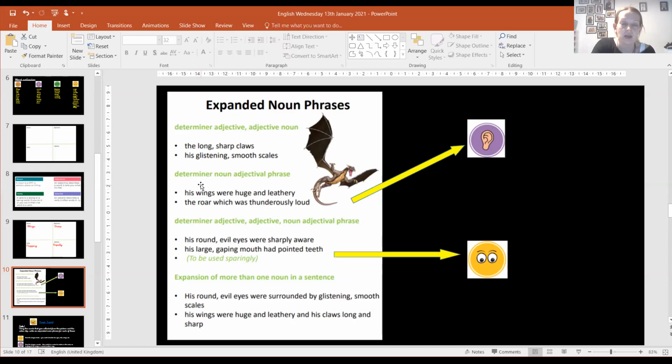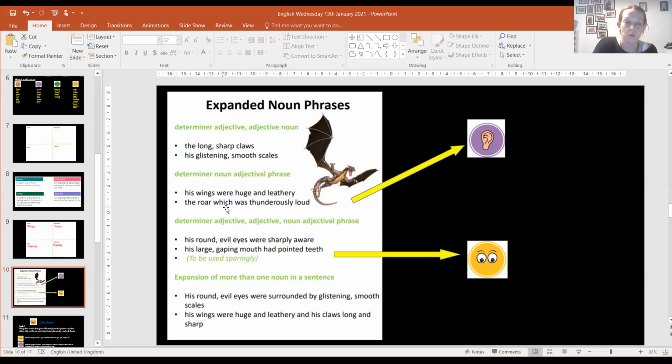So the next type of expanded noun phrase is an adjectival phrase. So you've got his wings were huge and leathery. Two adjectives again, which makes an adjectival phrase. So you've got your determiner, his, and the noun, the wings, and then were huge and leathery.